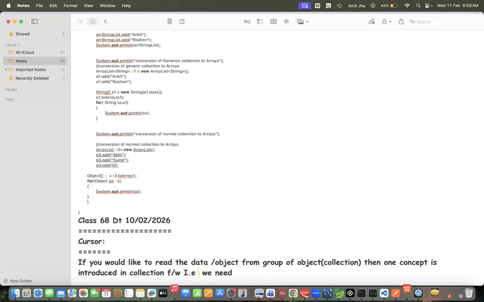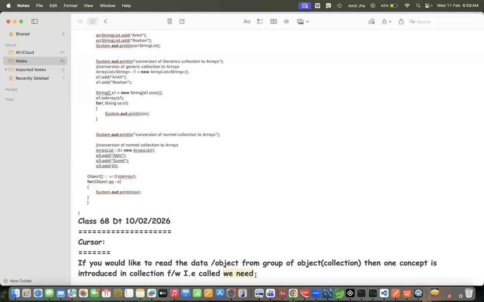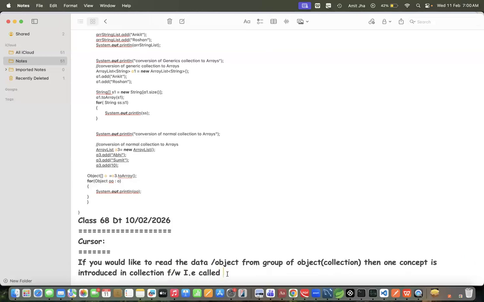See how I am writing, not writing any predefined sentence anywhere, I am thinking and writing. So if you would like to read the data or object from the group of objects or collection, then one concept is introduced in the collection framework that is called cursor.